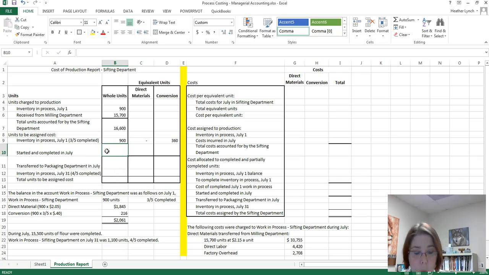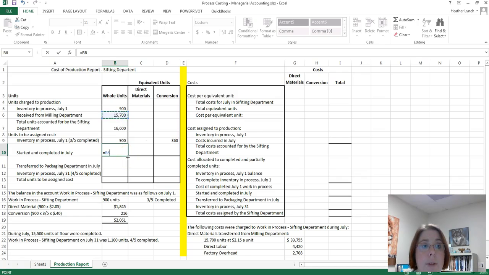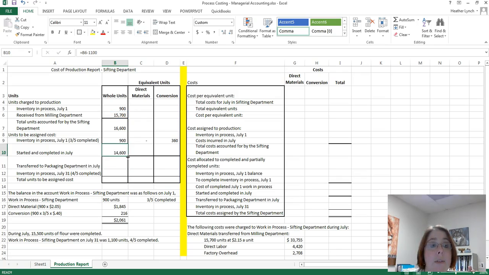So we can take the 15,700 minus our 1,100 that's still in process, and that gives us our started and completed in July. And that total goes across.